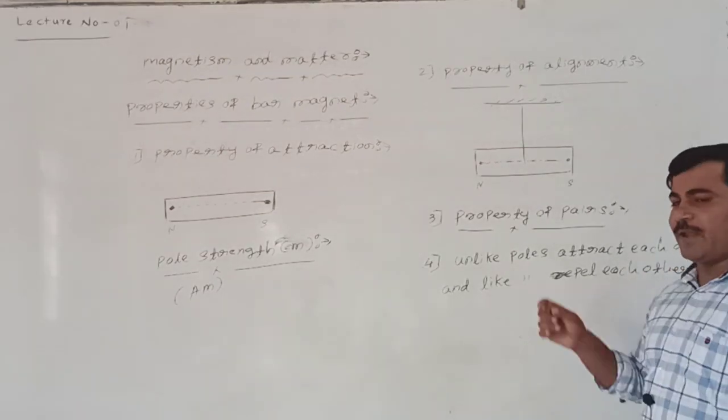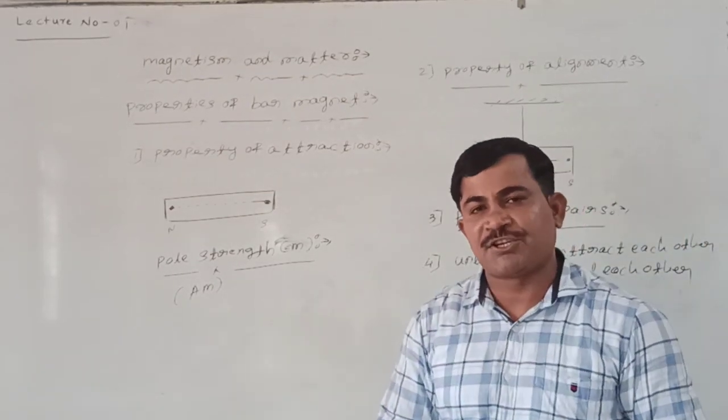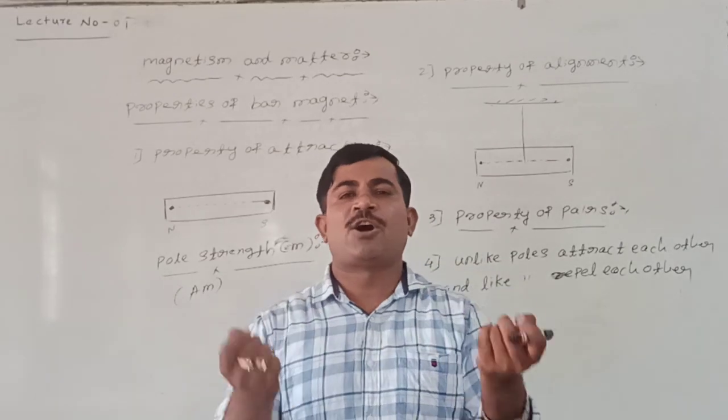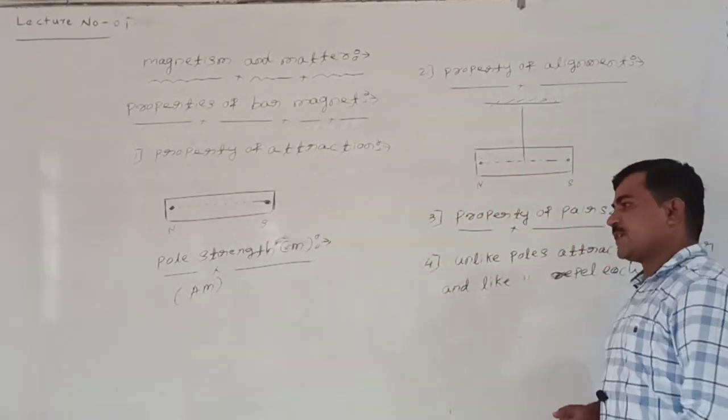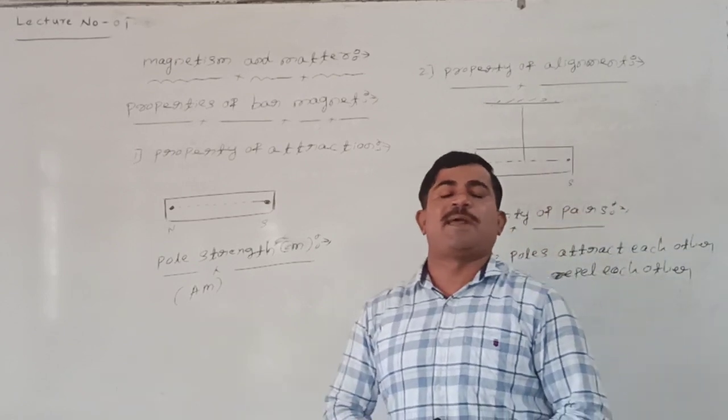Simply, unlike means south and north attract each other, while south and south, and north and north, repel each other. So I am calling it: unlike poles attract each other and like poles repel each other.